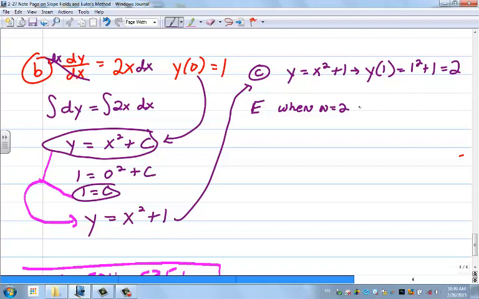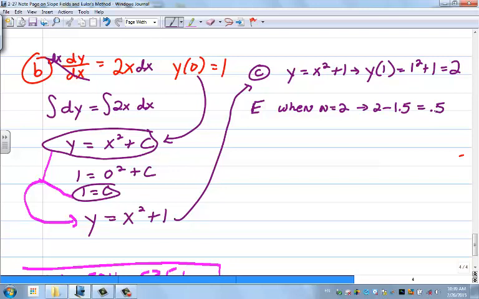So going on to math, the error when n equals 2 would be equal to, well, we found the value using Euler's method for n equals 2. It's 2 minus 1.5, which is equal to 0.5.